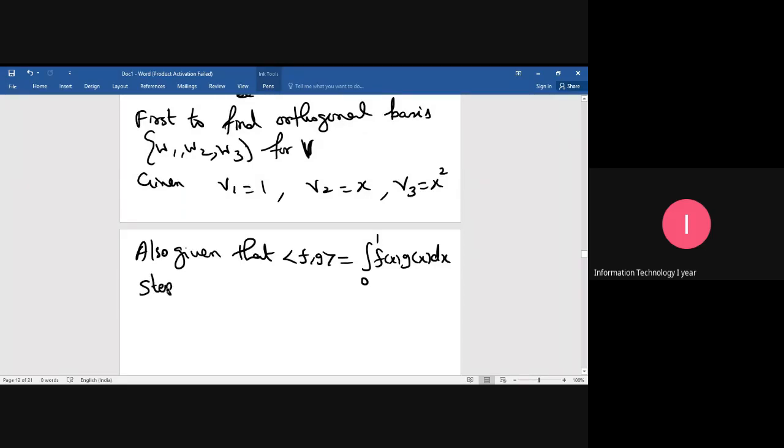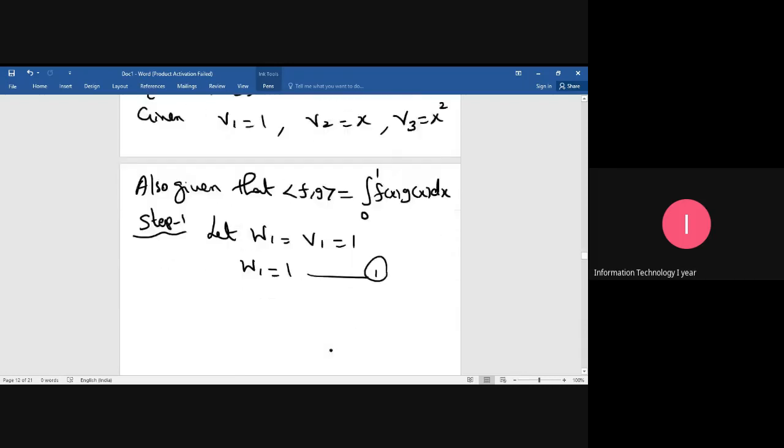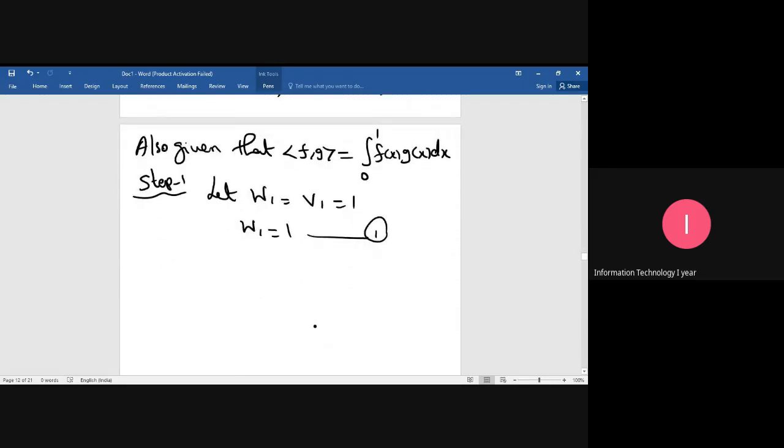The first is step 1. Step 1, what do we take? Let w1 be v1. Initially, w1 is v1. v1 is 1. So w1 is equal to 1. Take this as equation number 1. So w1 we calculated, then we need to find w2. That is step 2.